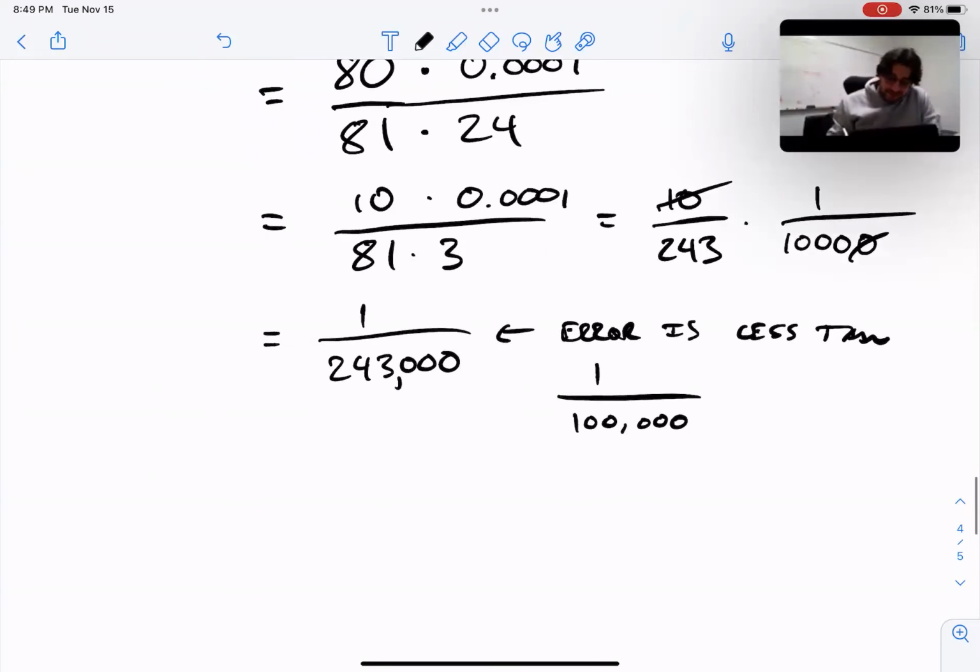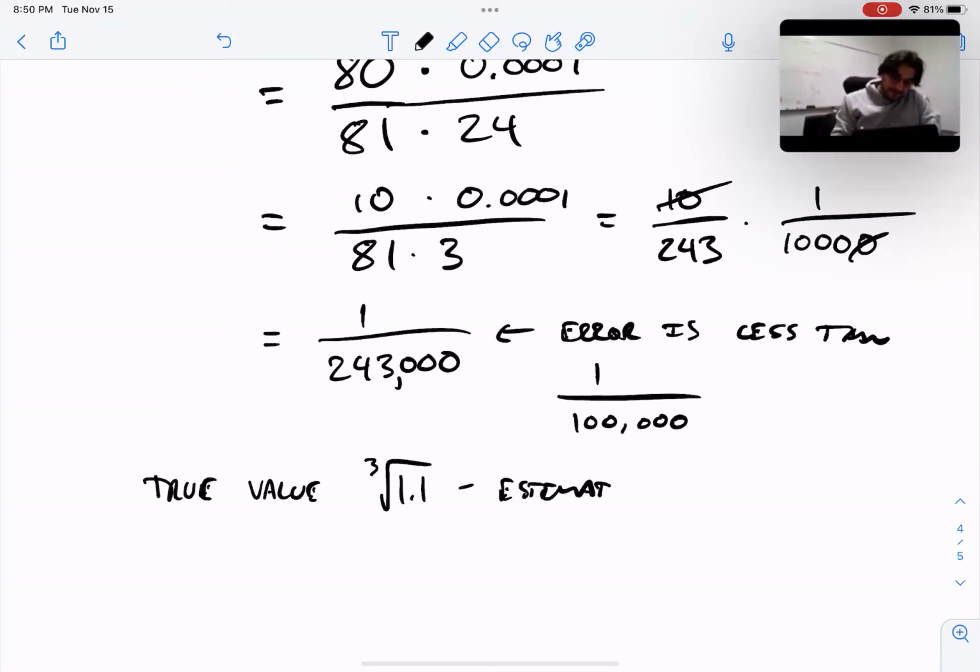Well, because what does this mean? It means that if you take the true value of cube root 1.1 minus our estimated value, that error is less than 1 over 100,000, right?